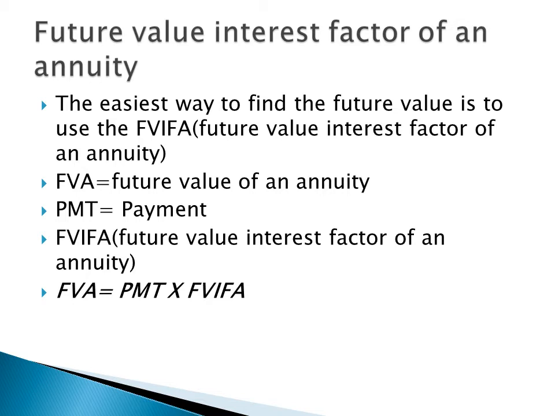So payment times future value interest factor of an annuity equals the future value of an ordinary annuity. On the next slide, I'm going to show you another chart like I did with the preceding two and show you another example of how this works. And then we're going to move on to the present value interest factor of an annuity.